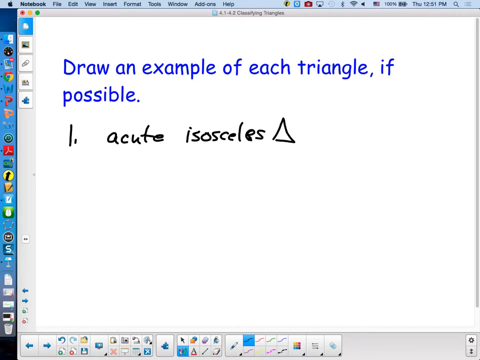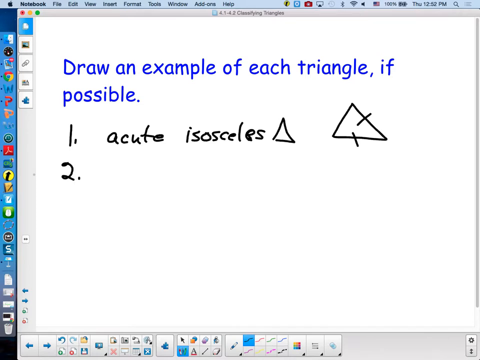Acute isosceles. Show me if you're having check. Good. Haven't found any that I thought I needed a protractor to measure. All right, so that one was possible. All right, and it kind of looked about like what I drew, I guess. Isosceles, though, you needed 2 sides congruent.